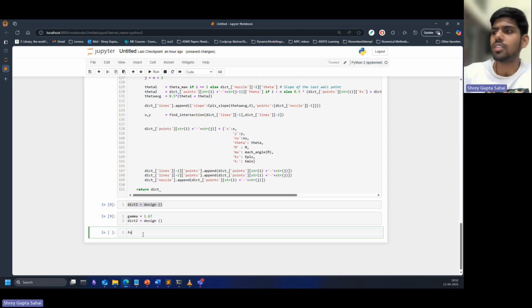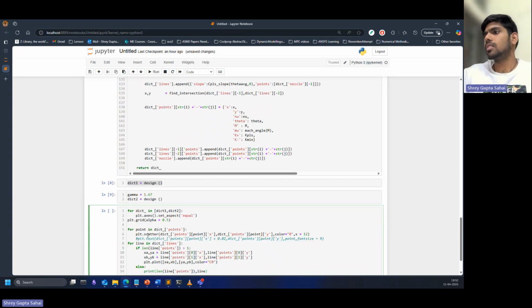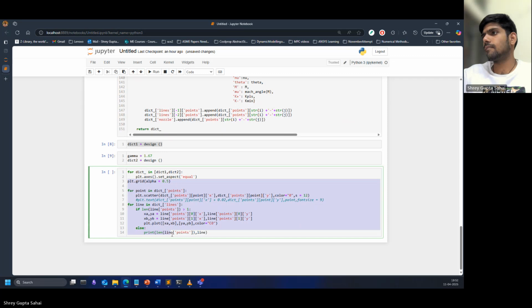So the plotting function you can just see. I'm not going to spend time on this one because we are almost out of time.